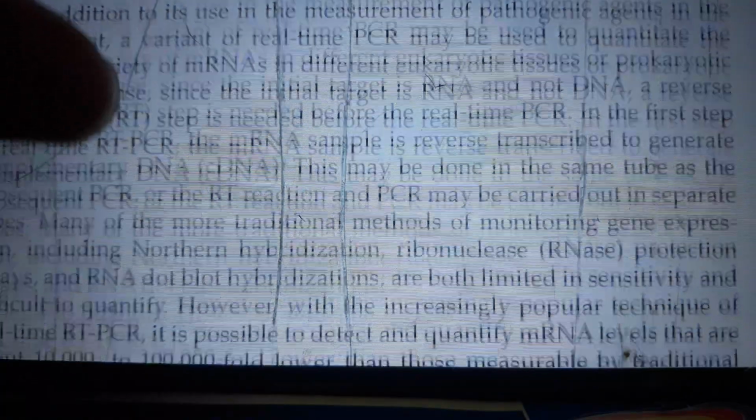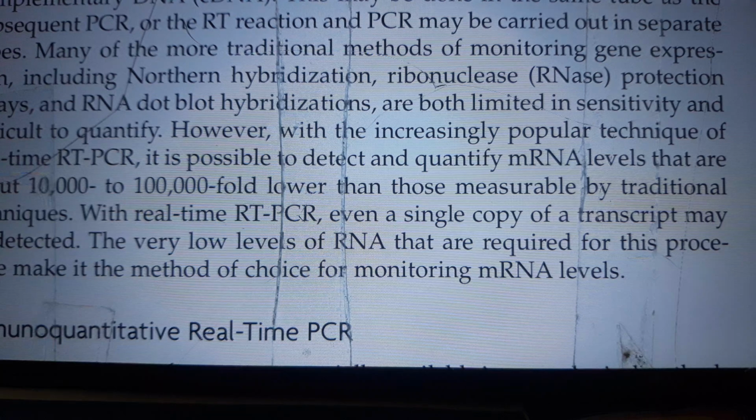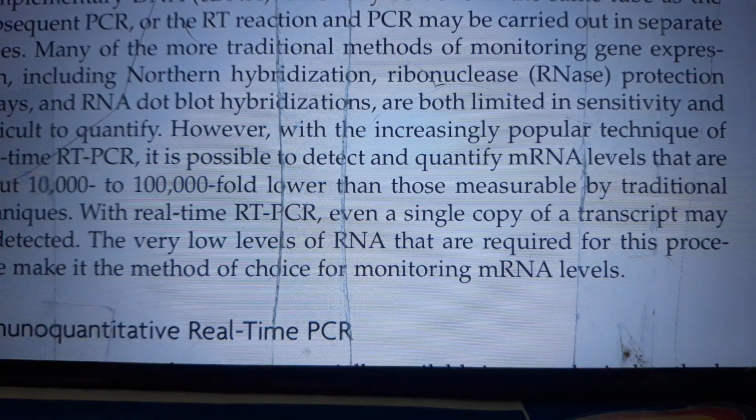Many of the more traditional methods of monitoring gene expression, including northern hybridization, ribonuclease protection assays, and RNA dot blot hybridizations, are both limited in sensitivity and difficult to quantify.